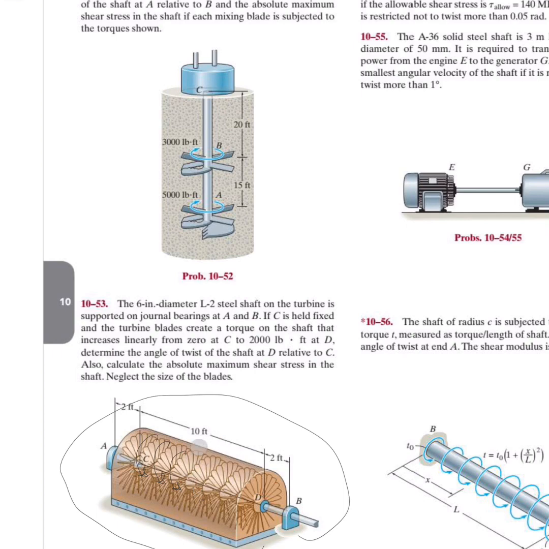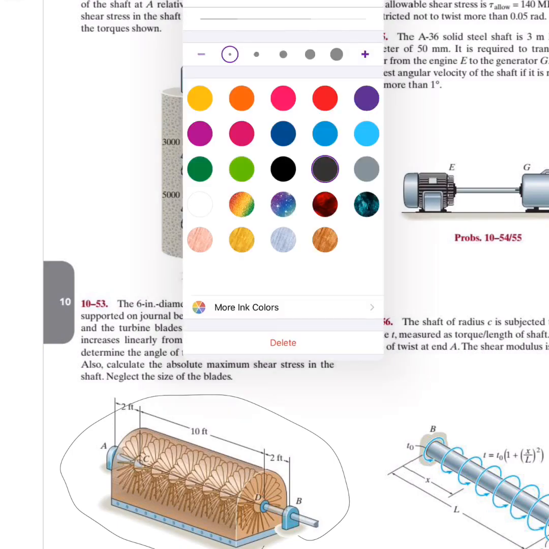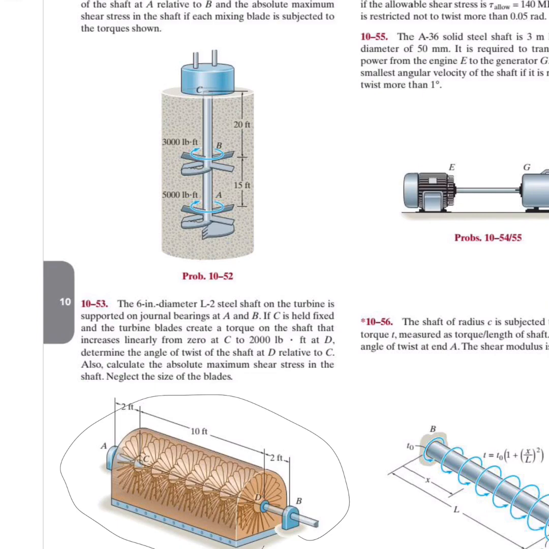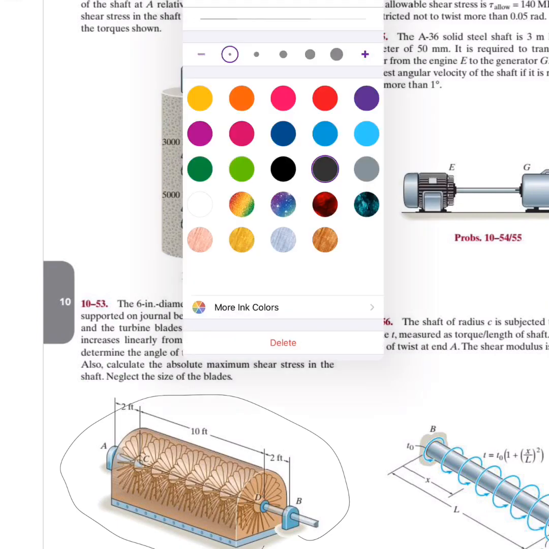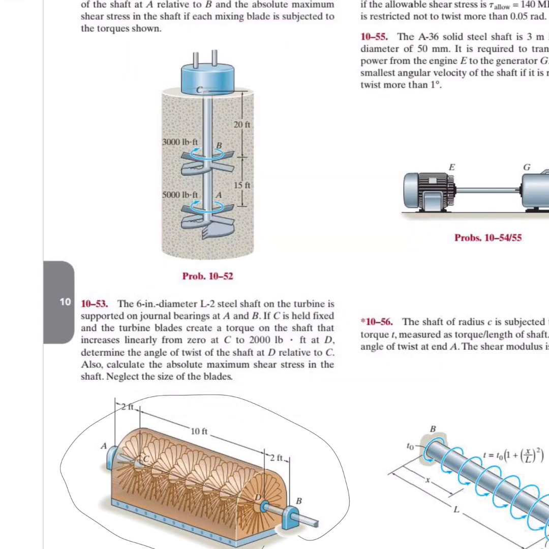That means the torque is 0 here. I need a little bit thicker, maybe a better color also. What color we need here? Maybe red, a little bit thicker. Yeah, the torque is 0 here, and it reaches a maximum at this point, and the maximum is 200 pound-feet here, and it's 0 here. 0 at C and 200 pound per feet.